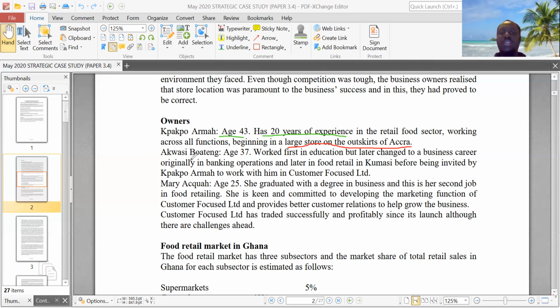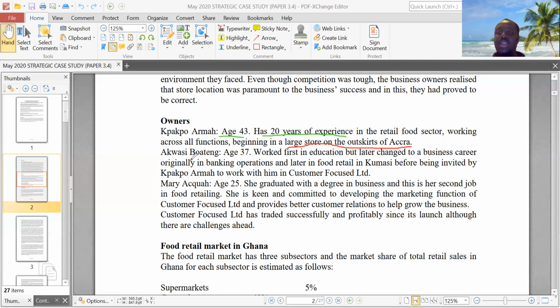And you have Akwesi Boateng, who is 37. It says he worked first in education, but later changed to a business career, originally in banking operations and later in food retail in Kumasi, before being invited by Kpakwama to work with him in Customer Focus Limited. So this is someone who has a multidisciplinary career.